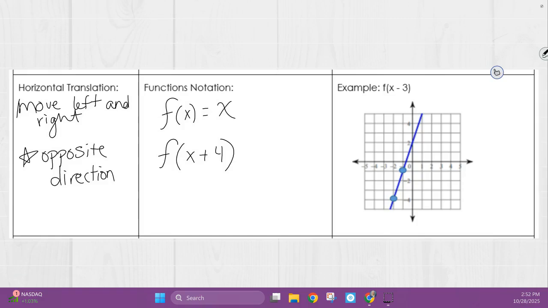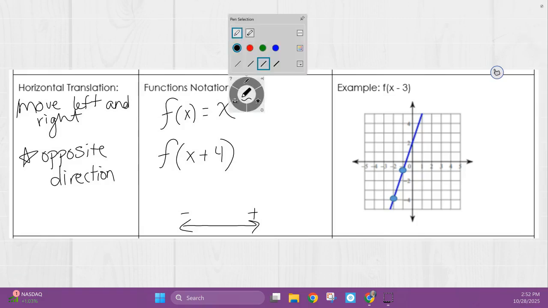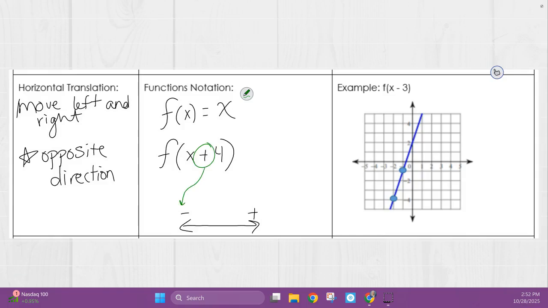Now, naturally, on a number line, positives go to the right, negatives go to the left. But this is all opposite. So if it's a plus 4, we actually are going to go the negative direction. So this should be left 4. It's inside parentheses. That's what's important here. The inside is what makes it the opposite direction.